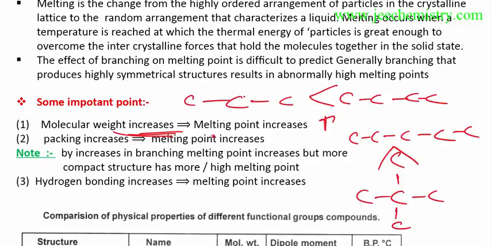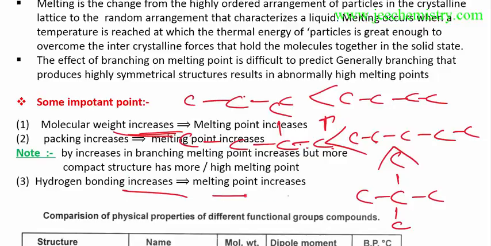But we have to compare between this compound, 4 carbon, and 1 carbon. Between these two compounds, this will have the higher melting point, because with an increase in branching, the melting point decreases. But for good packing, the melting point increases.